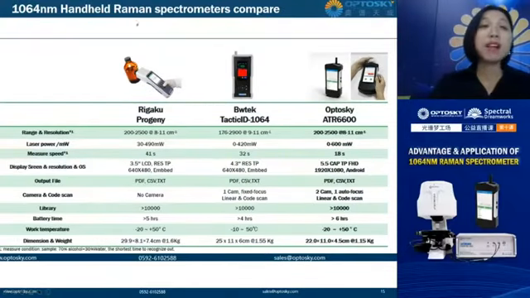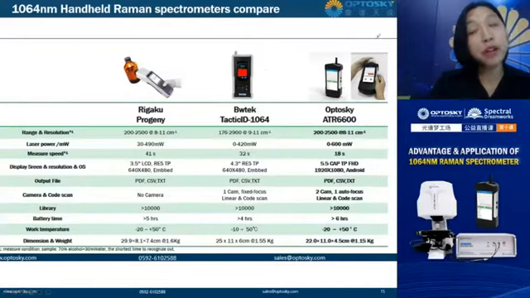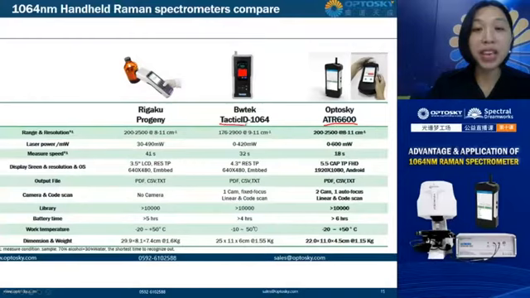After introducing the 1064 handheld Raman spectrometer, you may ask, have you compared with other competitors in the market? Yes, sure. OptoSky has compared ATR 66 with the BWTech Tactic ID 1064 and the Rigaku progenies.